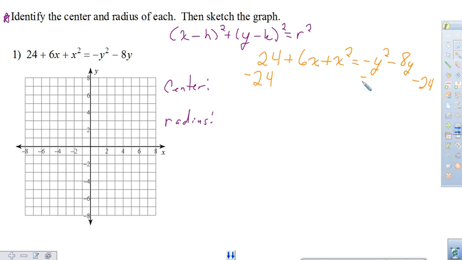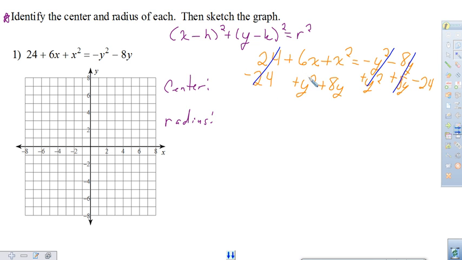I'm going to add the y squared over here, and I'm going to add the 8y over to here. This way, this guy cancels out, this guy cancels out, this guy cancels out. So we have all the variables on this side of the equal sign, numbers on this side of the equal sign. So here's what we end up with.